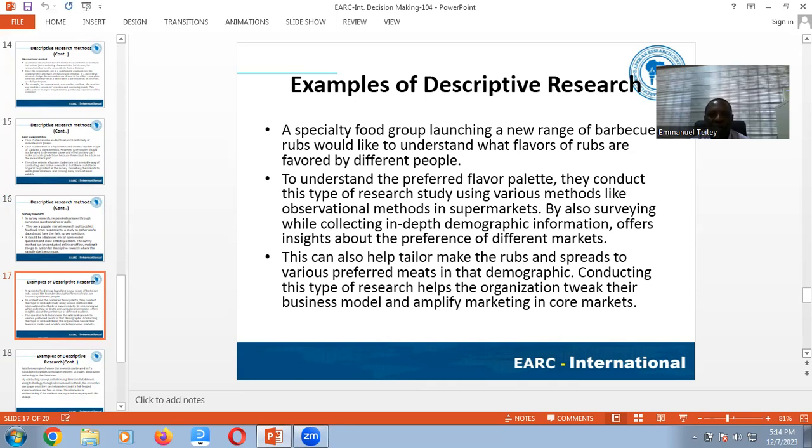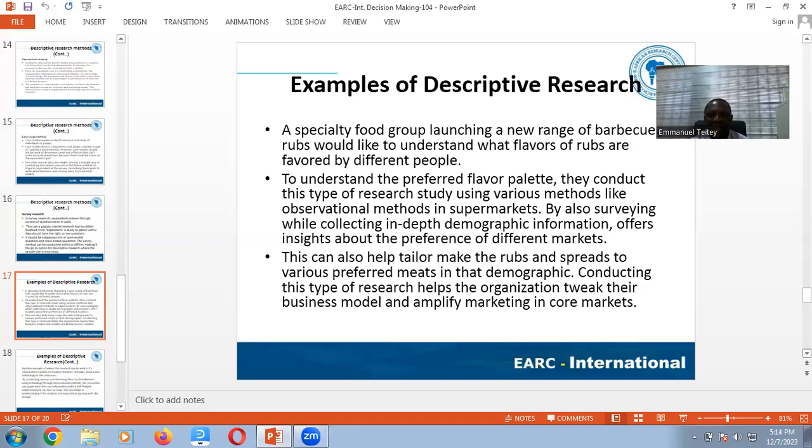To understand the preferred flavors and palates, they conduct this type of research study using various methods like observation in the supermarket, but also surveying, where collecting in-depth demographic information offers insight about the preferences of different markets.